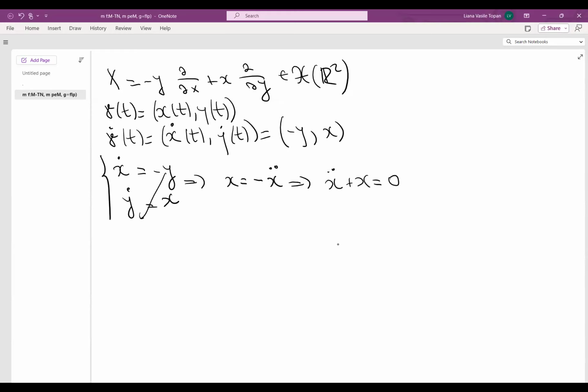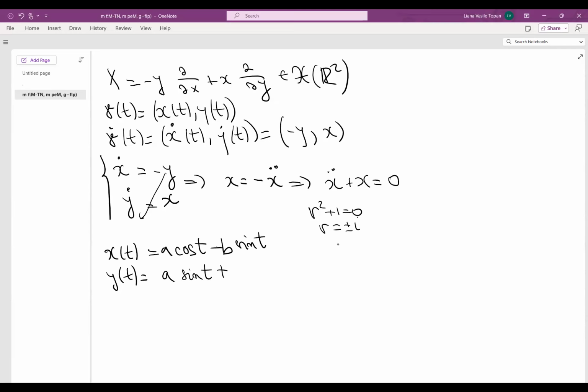The characteristic equation is r squared plus 1 equals 0, so r is plus or minus i. So x of t will be a cosine of t minus b sine of t, and y of t will be a sine of t plus b cosine of t.